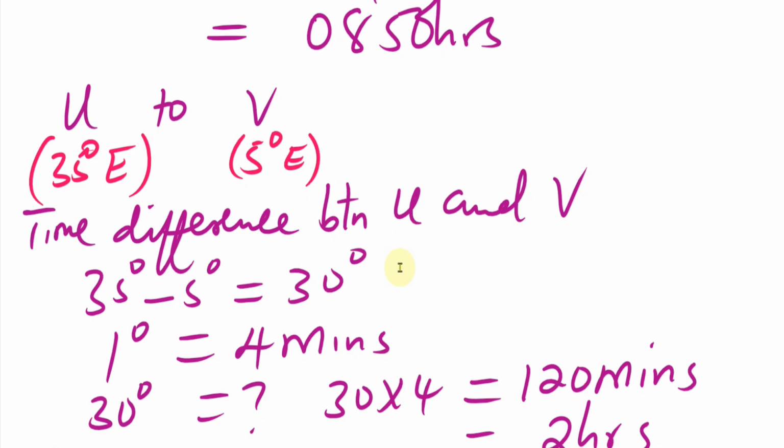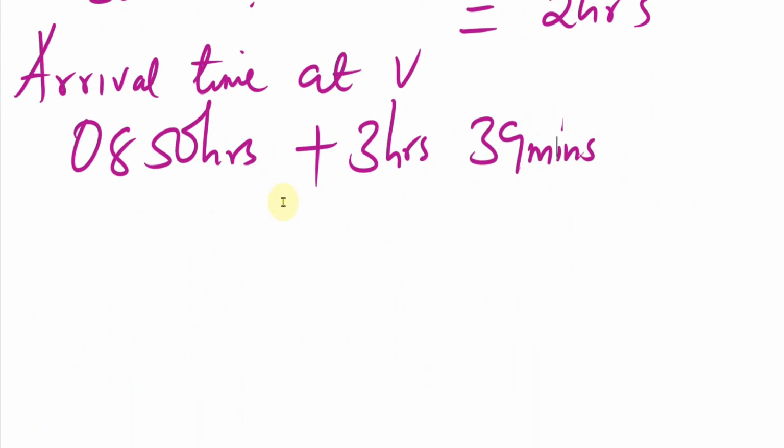So to get the local time at V, we have to take care of that time difference, and subtract 2 hours, which is brought by the longitude difference.